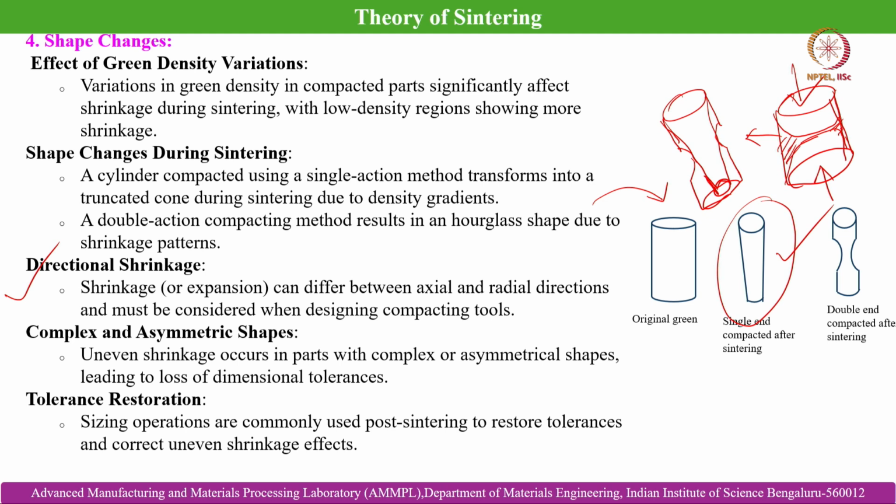For developing the green compact, the preform, it depends on the compaction route, whether it is loose powder or tap powder sintering, or injection molding, or maybe cold or hot isostatic pressing. The content of the powder significantly varies in the powder aggregate.